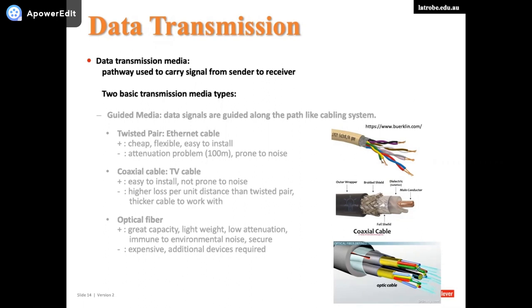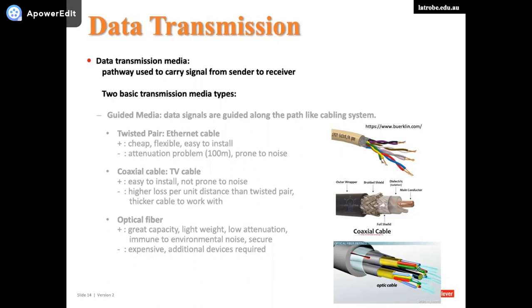First is the great capacity. It means that this fiber cable can support huge data throughput. Since this fiber cable is not made from metal, usually it's made from some special plastic, it's very light. And also it has a very low attenuation problem.